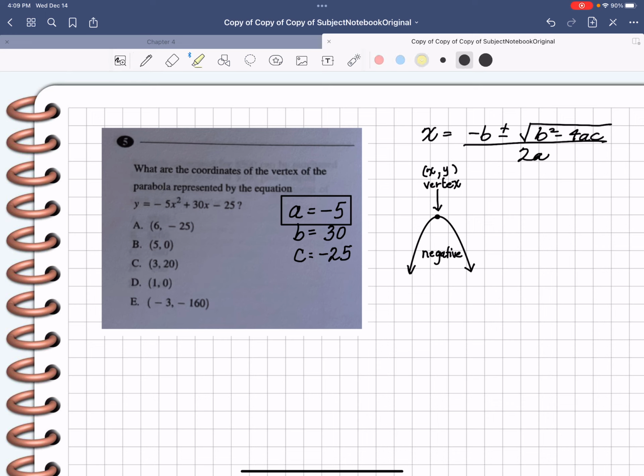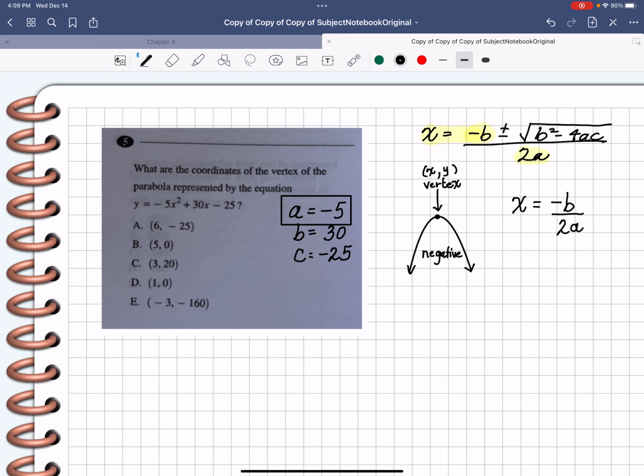So to find the vertex, there are different ways to do it, but I think the easiest way is to take these two elements of your quadratic formula, and we will be able to find the x coordinate for our vertex. So we're going to say that x equals -b over 2a.